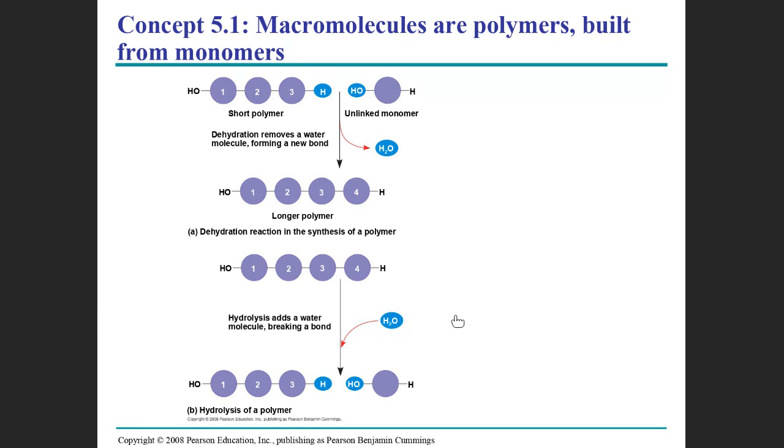And then water can be used to hydrolyze, to break the chemical bonds and separate monomers from a larger macromolecule. So remember, cells have an aqueous environment, a watery environment. So there's a lot of water inside the cell, there's water outside the cell. So water participates in these biochemical reactions.